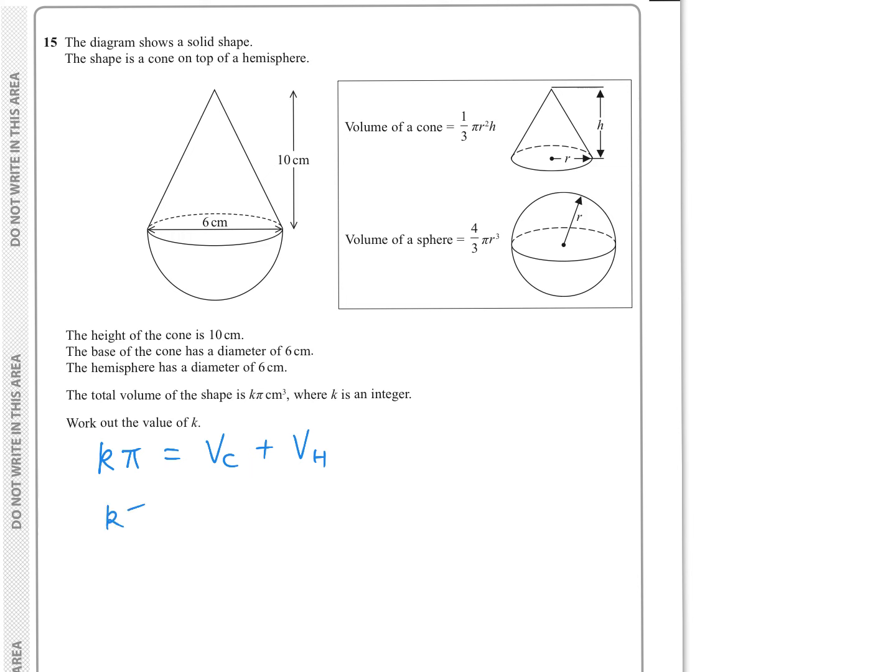So that means k pi is equal to, well, the volume of the cone is a third times pi times the radius, which don't forget is half the diameter, so that's 3 squared times the height, which is 10, plus the volume of the hemisphere is half the volume of what the sphere would be.